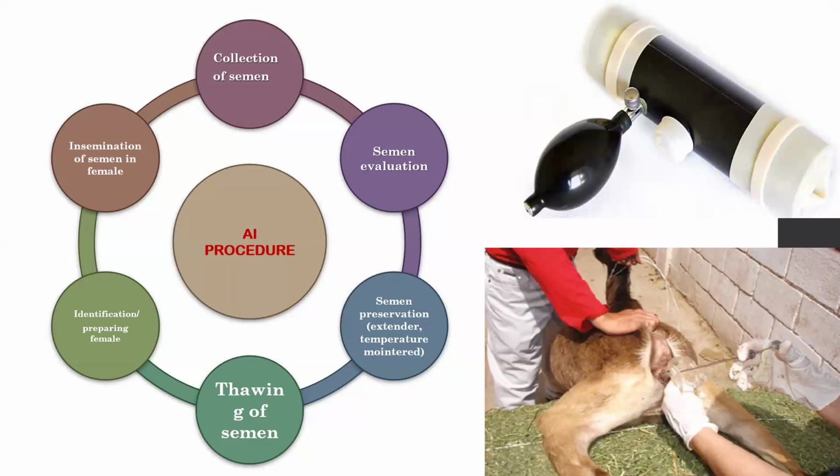Then we are going to collect semen from it. In later slides, we are going to discuss the method of semen collection also. When we collect the semen from the desired male animal, we are going to evaluate it, to see whether it is up to the mark to go into the female body or not.